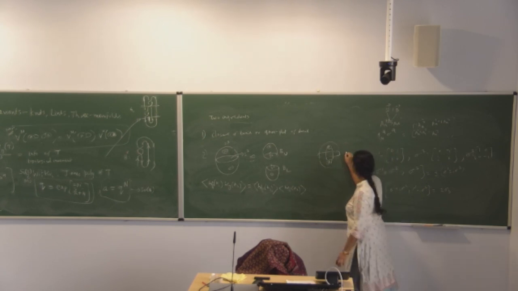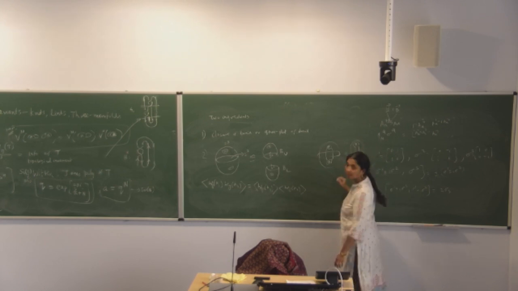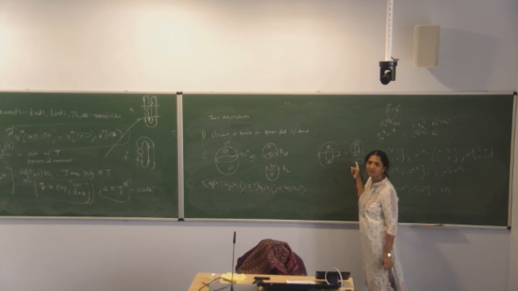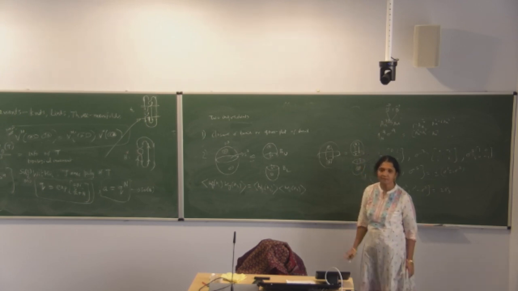So what will this be? It will be an upper ball with A, and you can have a lower ball with an oppositely oriented S2 boundary, right, and with B.